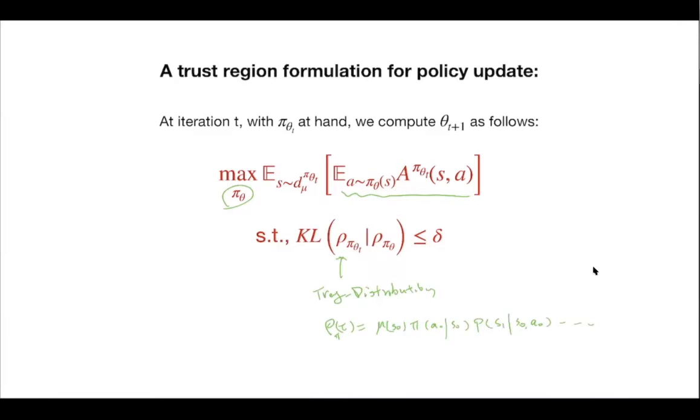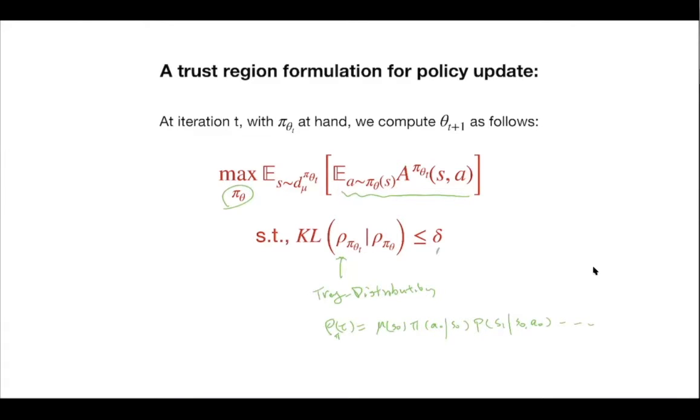So this is very similar to the CPI concept. It's basically saying let me be greedy with respect to the advantage of the older policy, but let's put a harder constraint on this optimization program. Let's make sure that the new policy is never going to be far away from the older one in terms of KL divergence between the induced trajectory distributions.